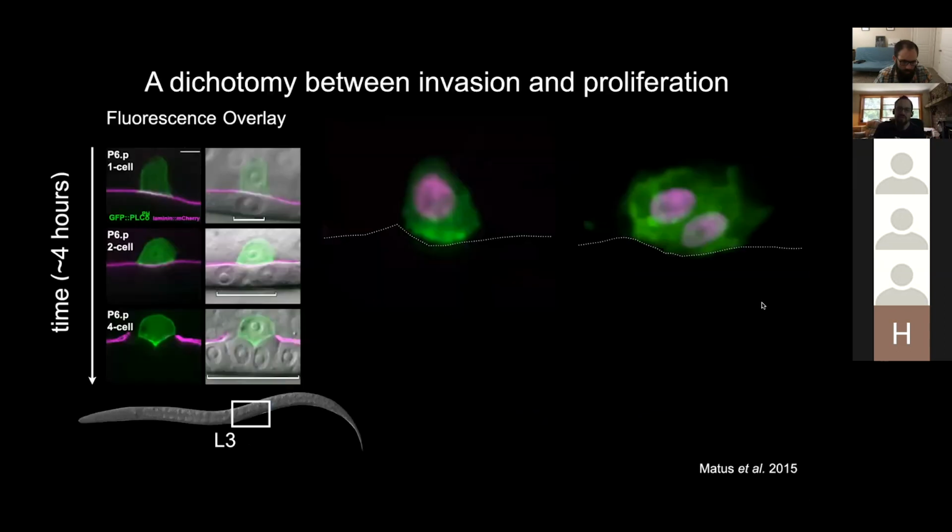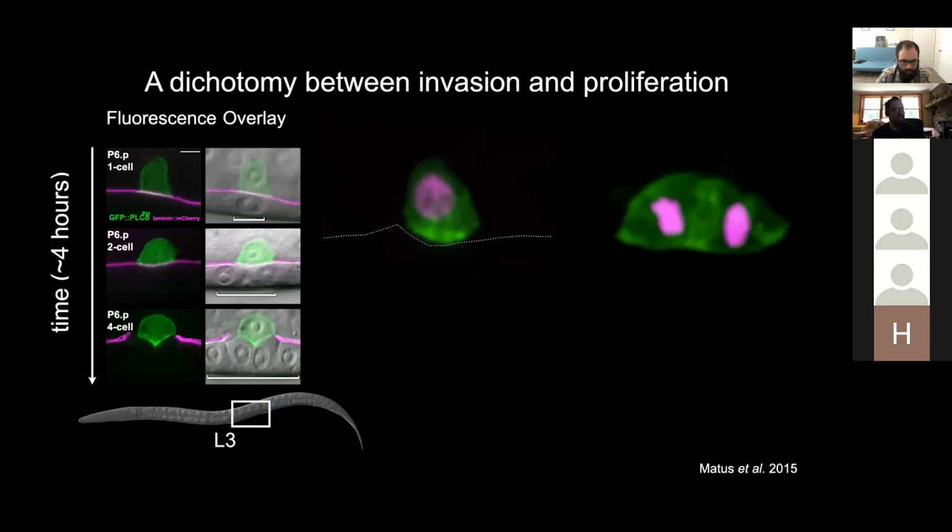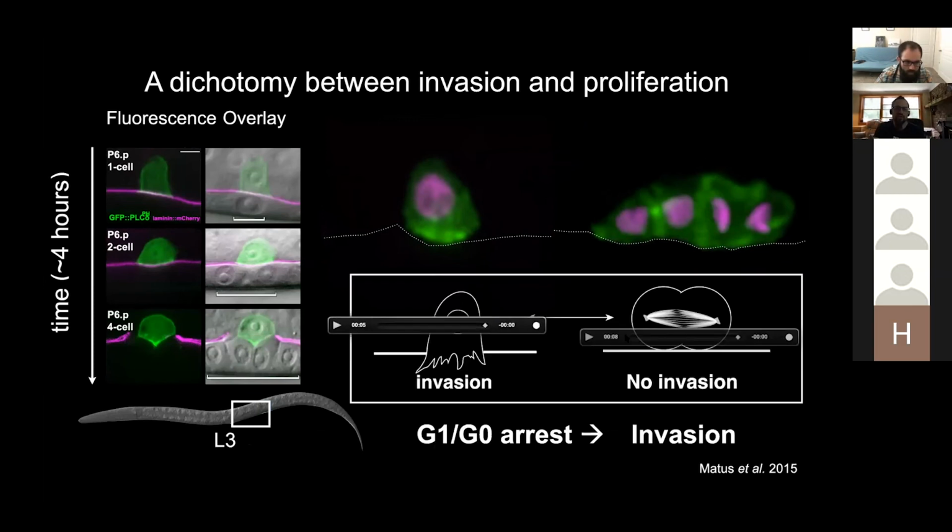And of course, it's been a really nice model for trying to understand how cells acquire the ability to become invasive. And in work I finished up at the beginning of my doctoral position at Stony Brook, we identified that a single transcription factor, NHR67, a nuclear hormone receptor, when you take it out of the anchor cell, causes the anchor cells to become mitotic. And that result of entering the cell cycle is inhibitory to invasion.